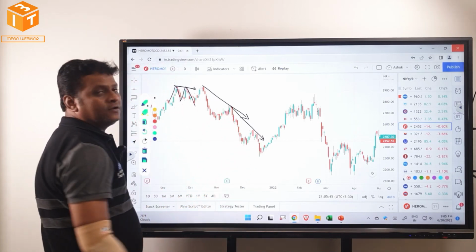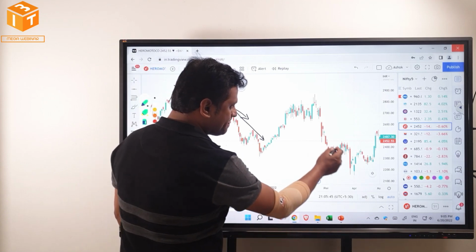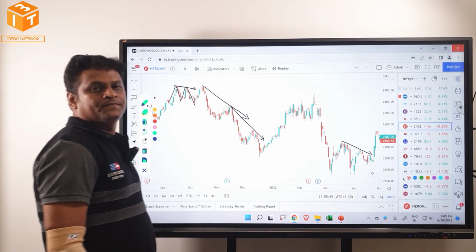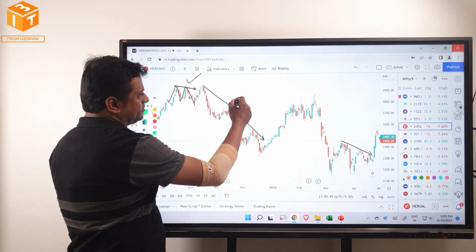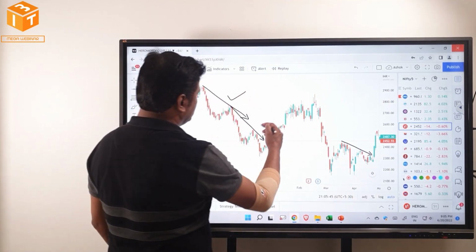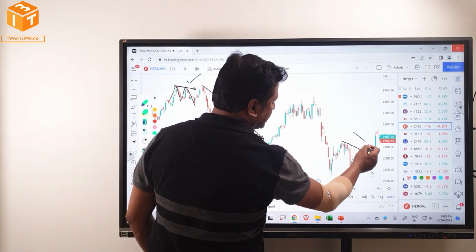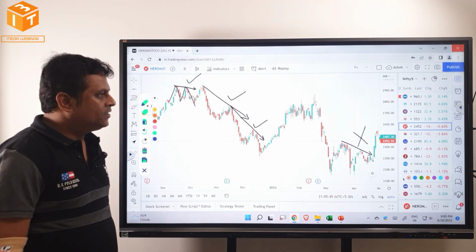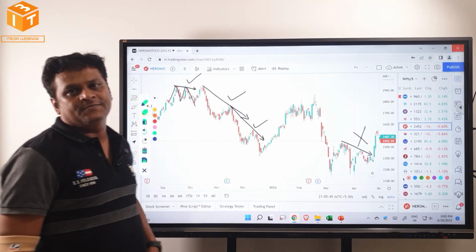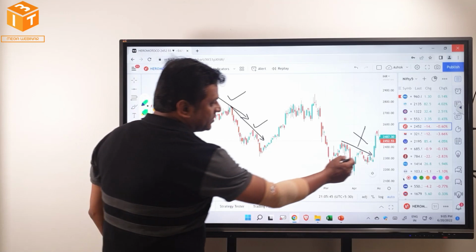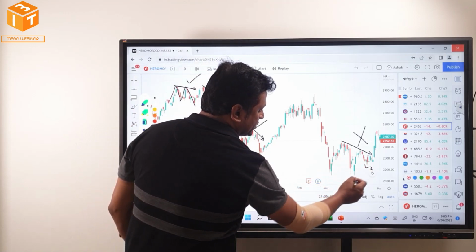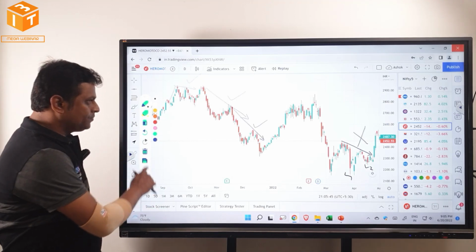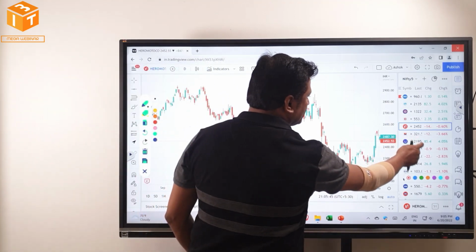Is this a valid trend line? Is this a valid trend line? This is valid. This is valid. This is valid. This is invalid. Explain to me why that downtrend line is invalid. It is invalid because the L2 is not lower than your L1. Very, very simple. You want me to pick some more examples?